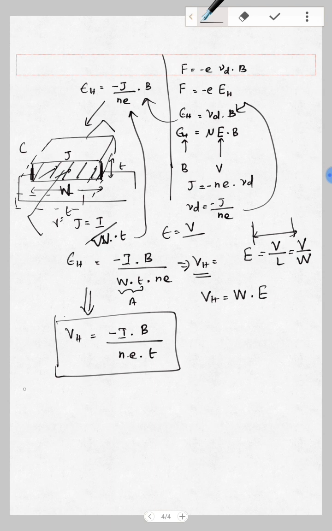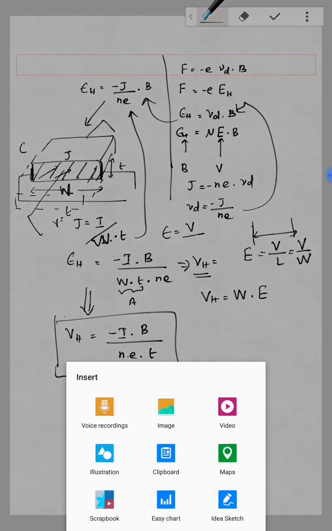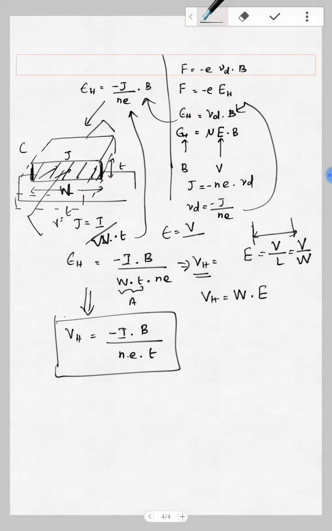Now we have seen how electrons generate the Lorentz force in the conductor. Quickly we can see how holes generate the force. If I take the holes as a reference, where will the force be? I can take another picture to give more clarity.